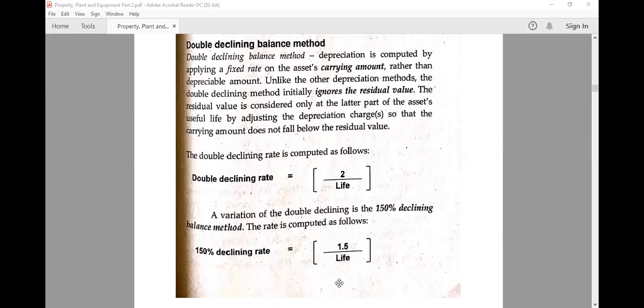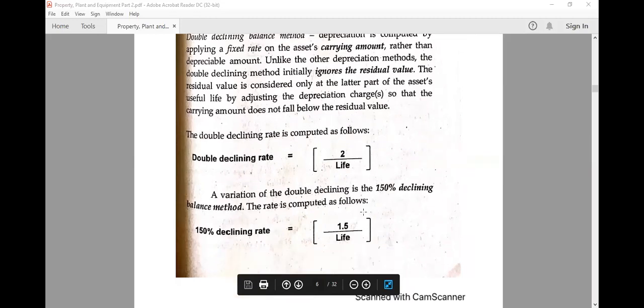That is right, that is 20%, or 0.2. Very good. Next, what if this variation is the 150% declining balance method, having the same n number of years, which is 10 years, what would be our percentage?